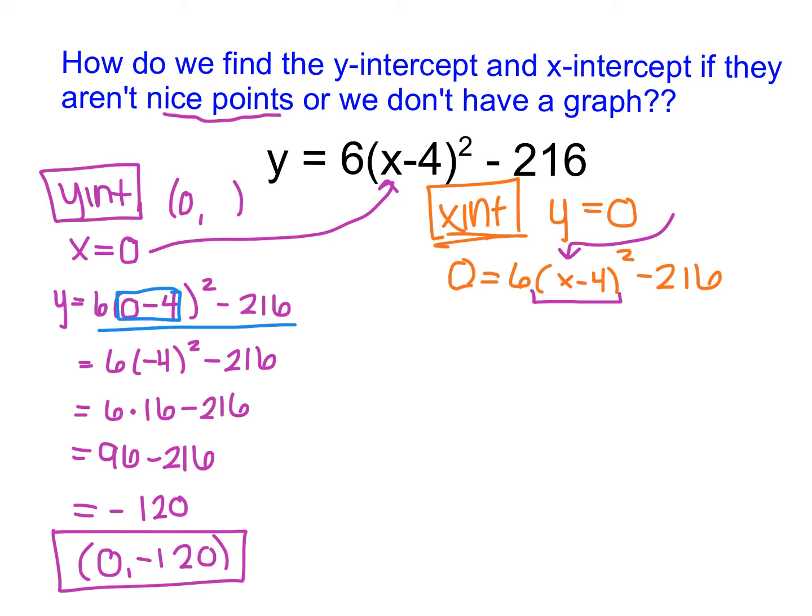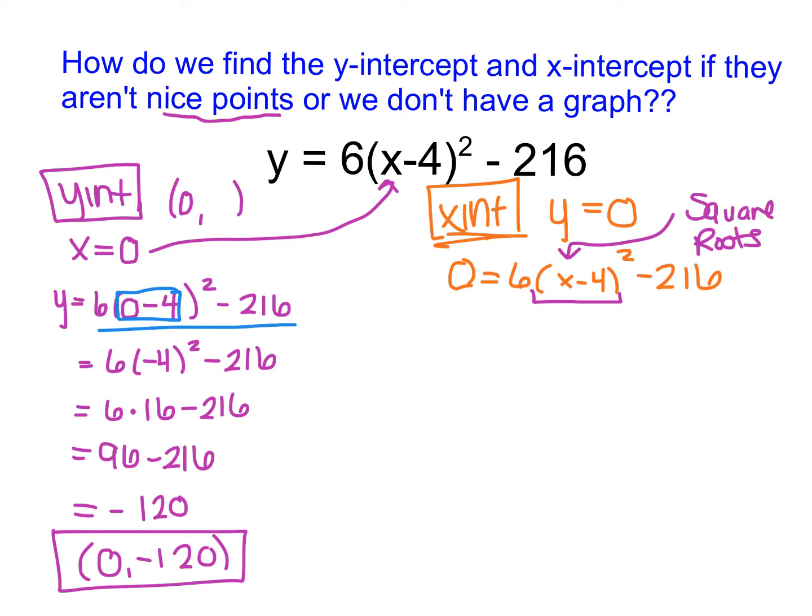Because I notice that I have just one x in the problem and it's inside of something being squared, I'm going to use my square root strategy for solving quadratics. If I can get that squared piece alone, I will be able to undo that squared by square rooting, and then I'll be able to isolate x and determine what x is equal to.